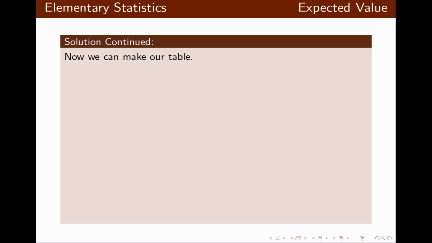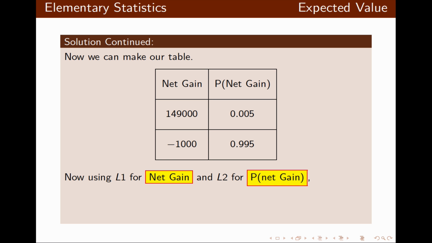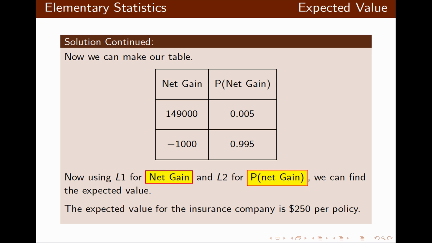We're ready to make our table. We're going to enter the net gain in L1 and the probability of net gain in L2. And we can use the TI now to find the expected value, which is $250.